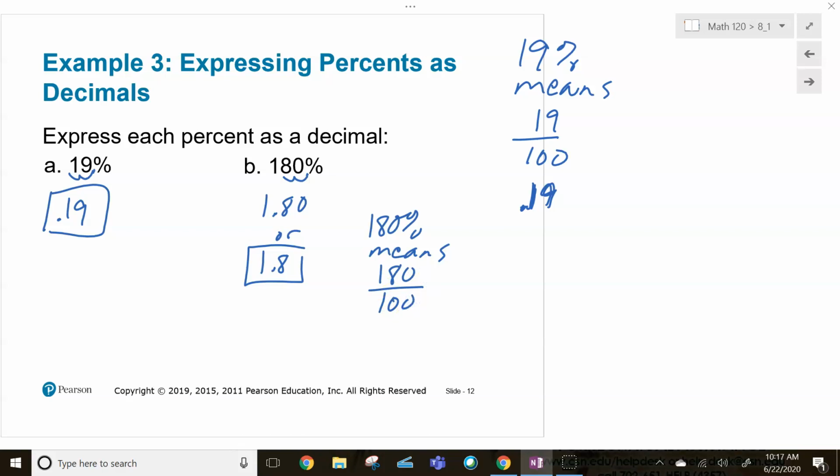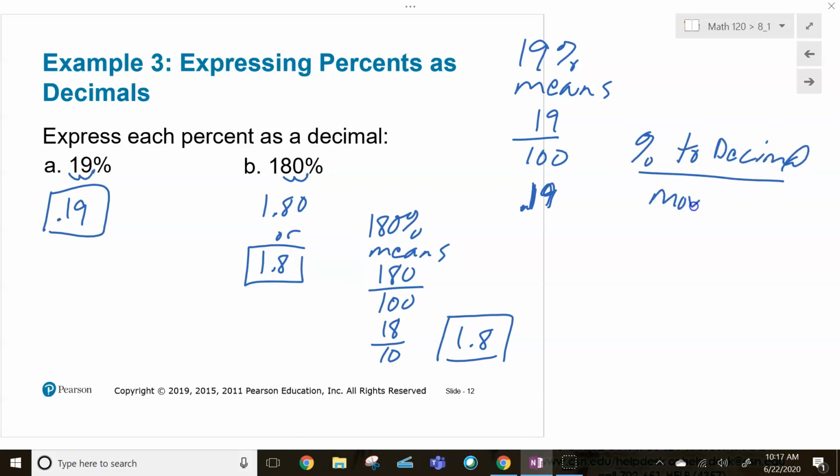That's the same as 18 tenths, or 1.8. That's what it means. That's why we move it left 2. So when you're going from a percent to a decimal, move left 2 places.